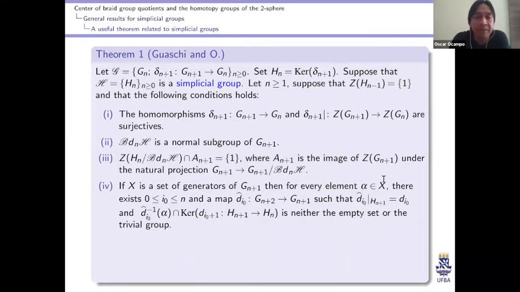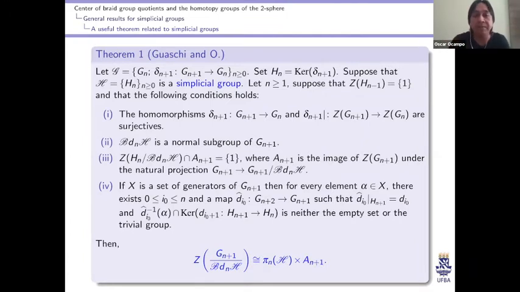Then for every element in this collection, there exists some index and a map, something like a lifting, such that the restriction to the kernel, to the Hn plus one, is equal to one of the face maps for this simplicial group H. The other part is that we would like to have non-trivial elements in this intersection. It's really a technical part in order to construct the following isomorphism.